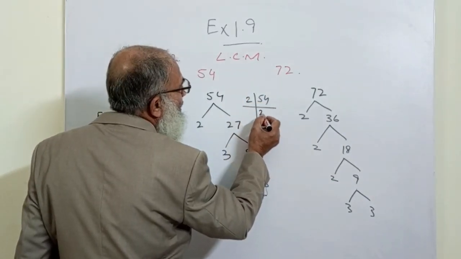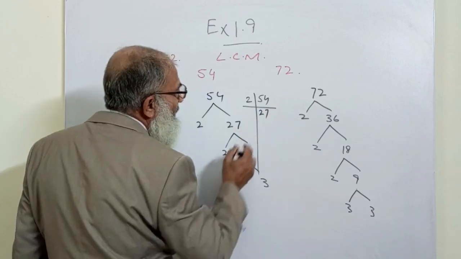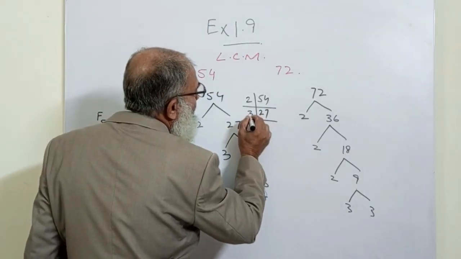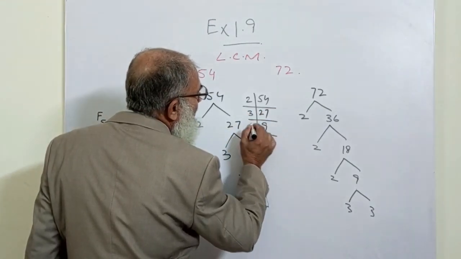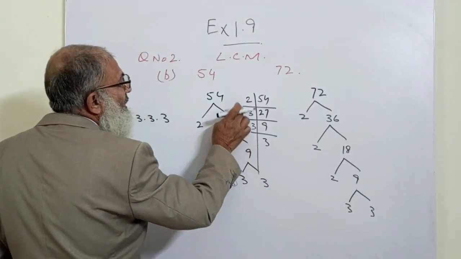2 times and 1 goes out from here and it becomes 7. And now 3 9 times and 3 3 times. Again we got 3 3 3 2.